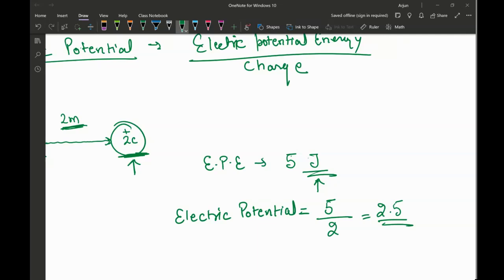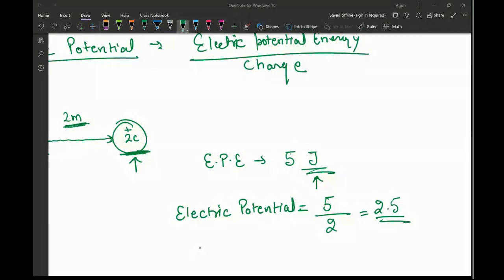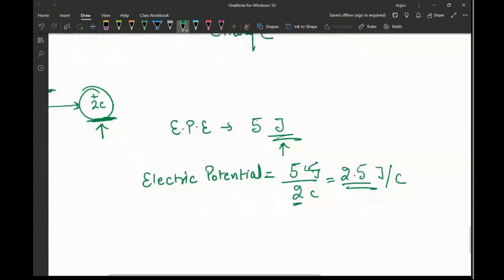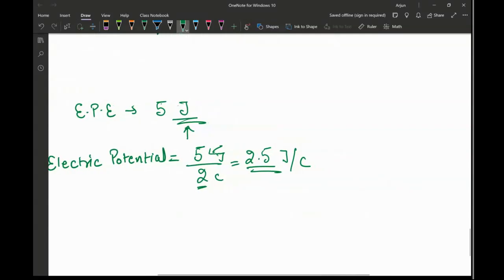And the unit for this will be joules per coulomb, because the unit for energy is joules and this is coulomb, so joules per coulomb. Or another unit for electric potential is volt. Because Volta was the scientist who discovered, or talked about this for the first time, the unit for electric potential is also volt.